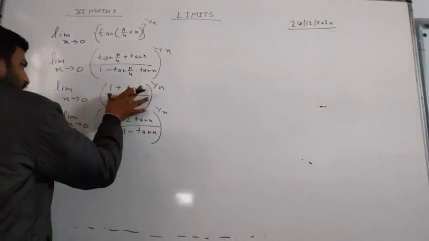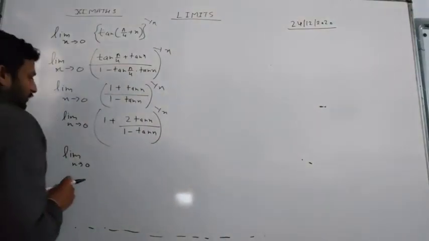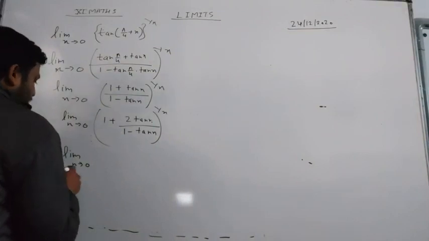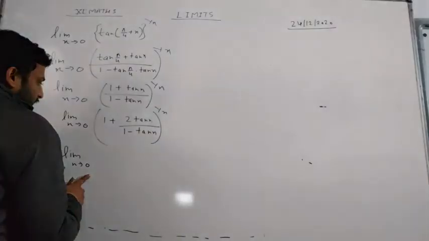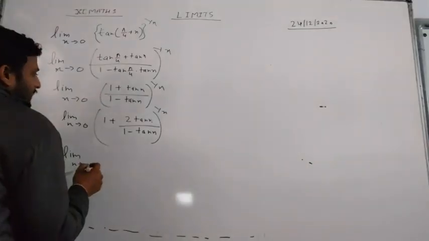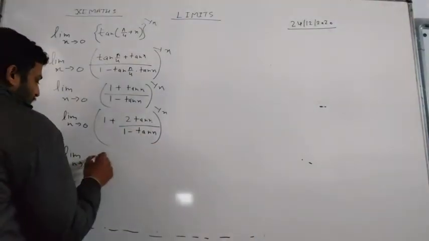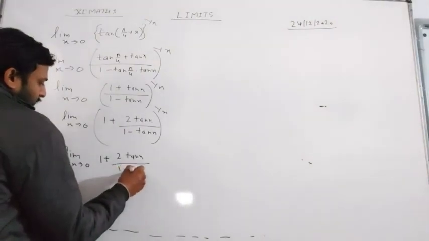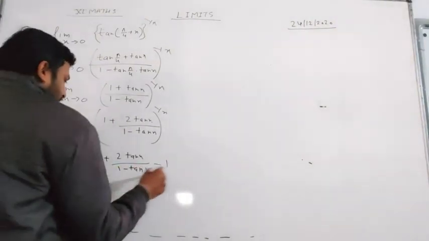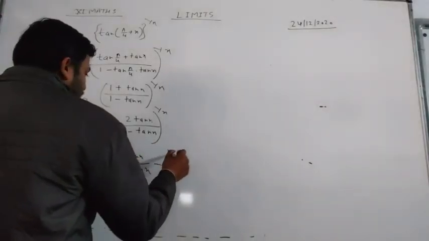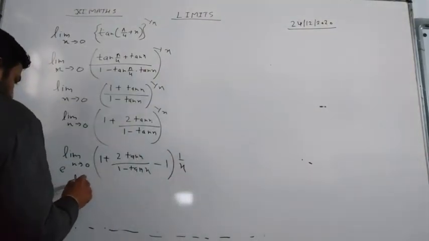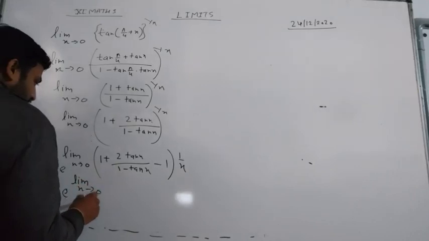So student, this is f(x) to the power g(x), so we write e to the power limit x tends to 0, and this is f(x) minus 1 into g(x). So we write 1 plus 2 tan x by 1 minus tan x minus 1, into g(x).